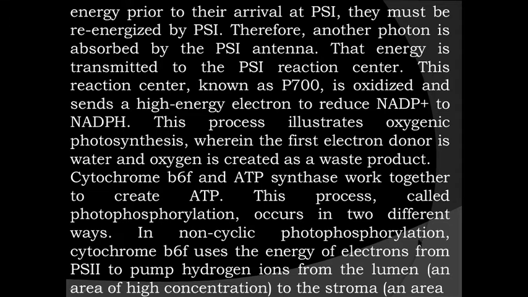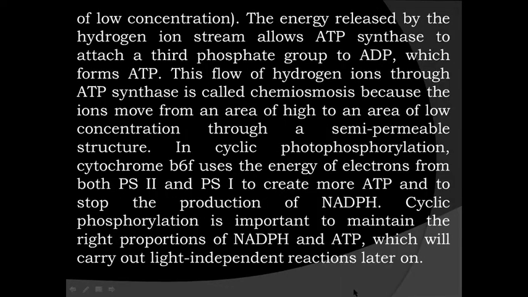In non-cyclic photophosphorylation, cytochrome B6F uses the energy of electrons from pigment system second to pump hydrogen ions from the lumen, an area of higher concentration, to the stroma, an area of lower concentration.